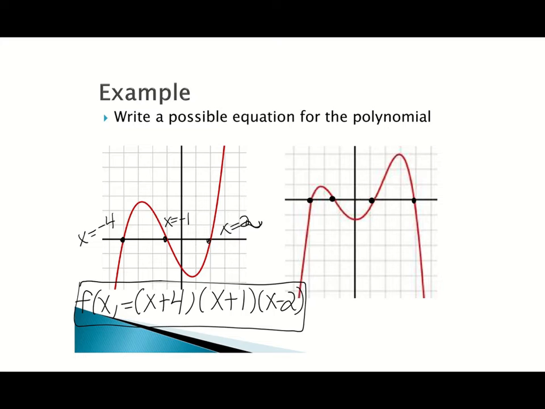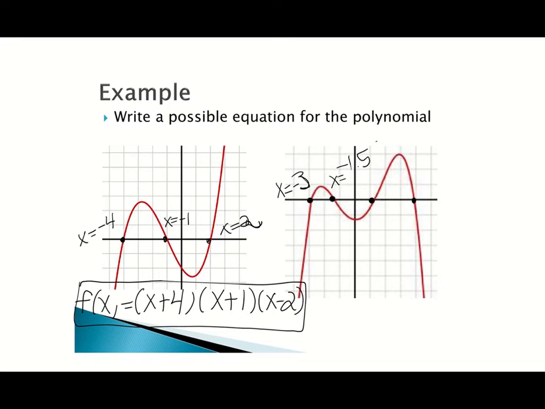For my next graph here, I can see that I have a quartic, something of degree 4, so I should have 4 zeros. So if I go ahead and identify what those are, I have x equals negative 3. I have x equals, here I'm at about negative 1.5.